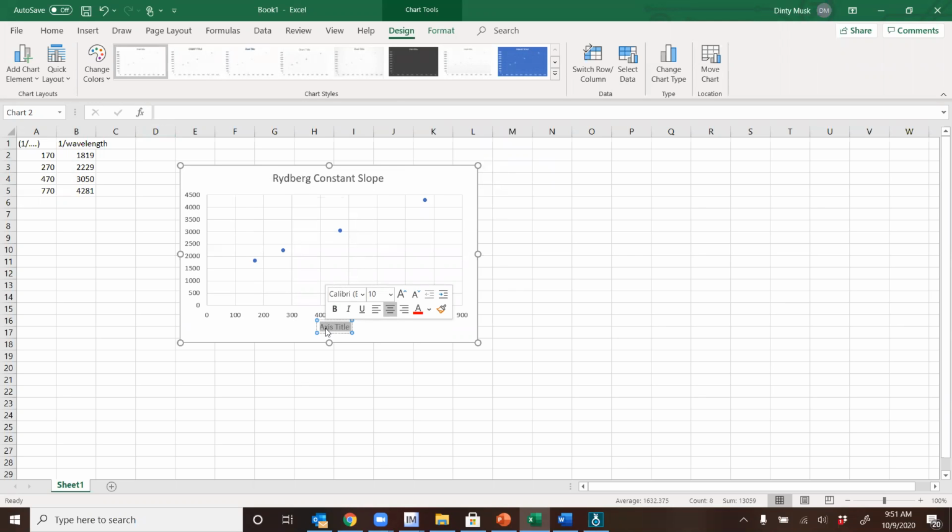So this isn't a clean unit. What do I want to call this?